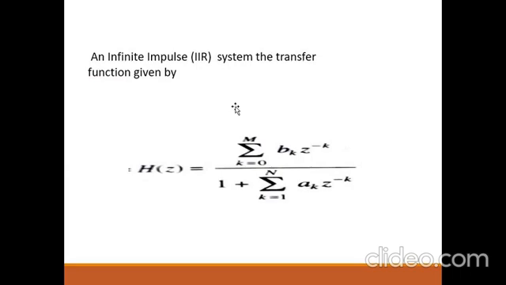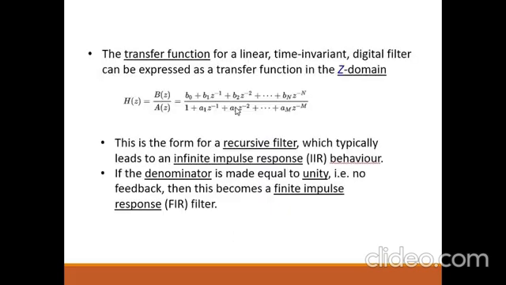Now let us take the transfer function of the recursive realization. The transfer function is the output function to the input function. Generally, the transfer function for the recursive filter typically leads to an infinite impulse response.